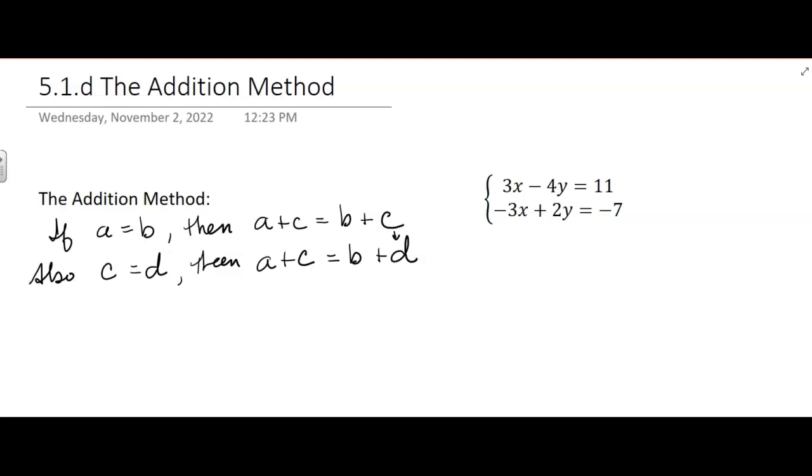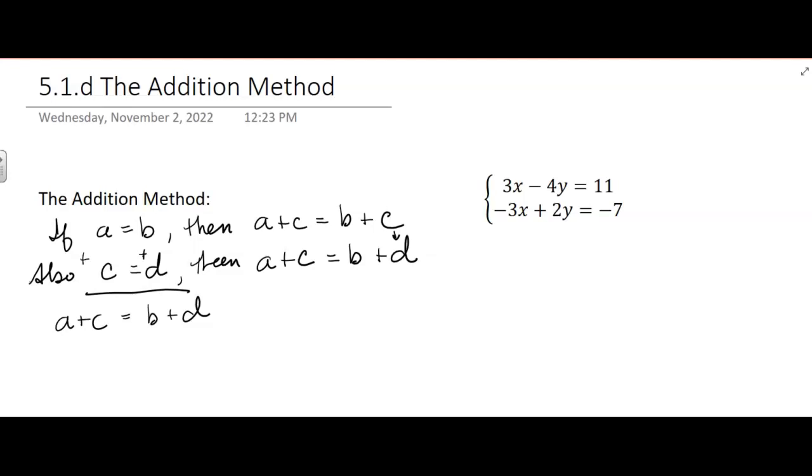So this brings the concept of adding equations, that you can add equal parts to equal parts. So A plus C equals B plus D. I have it stacked like that so you can see what I'm talking about, okay? So that is true. You can add equal parts to equal parts and you'll have an equation.